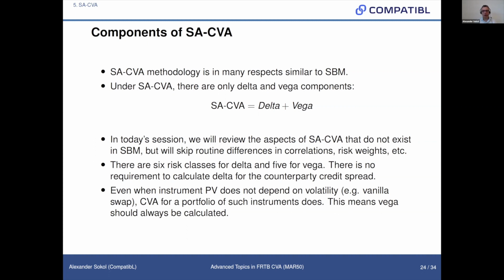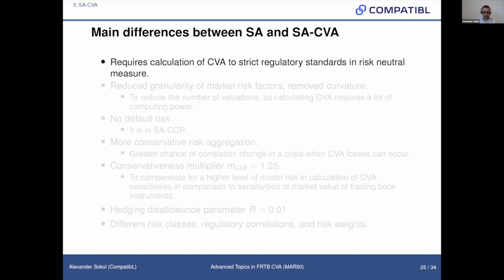So if you have a portfolio of instruments whose prices don't depend on volatility, CVA on these instruments still does, and that's why you always have to compute the Vega, no matter what your portfolio is. Whereas in the standardized approach for the trading book, you didn't have to compute it unless there's optionality in the instrument.